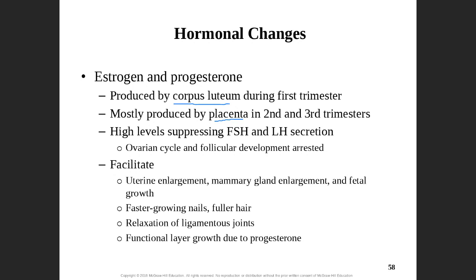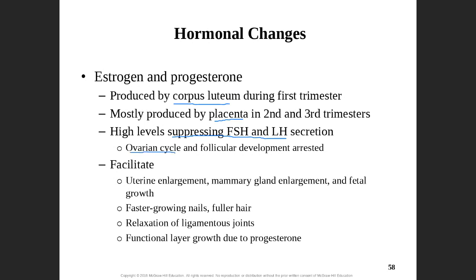So at this point in our second and third trimesters, we're going to see increasing levels of estrogen and progesterone being produced. Now, what that will do is suppress our follicle stimulating hormone and our luteinizing hormone, for good reason. We want to arrest and stop the ovarian cycle.